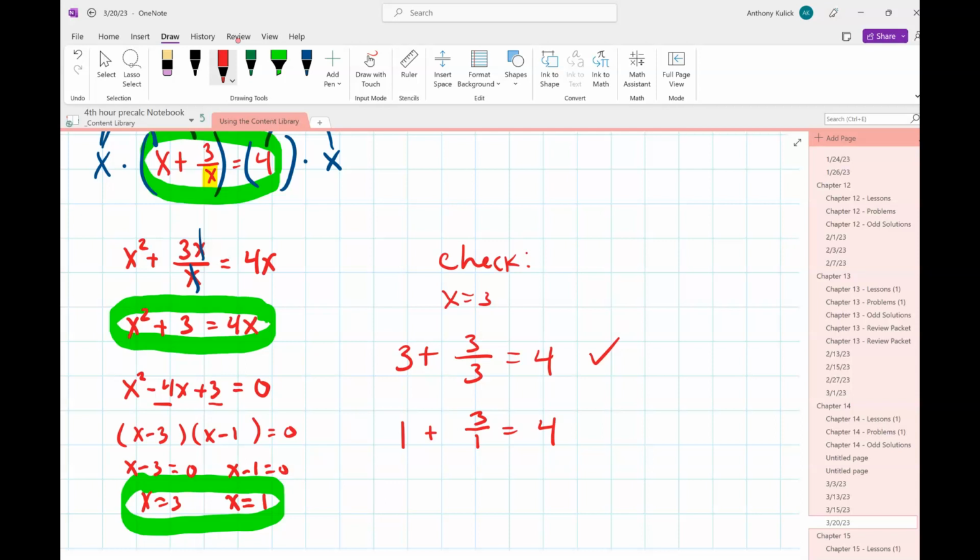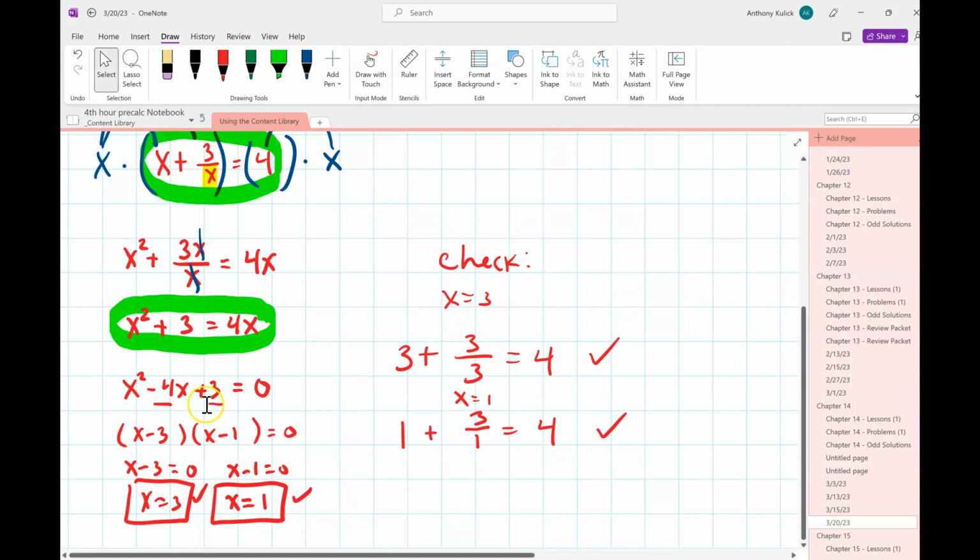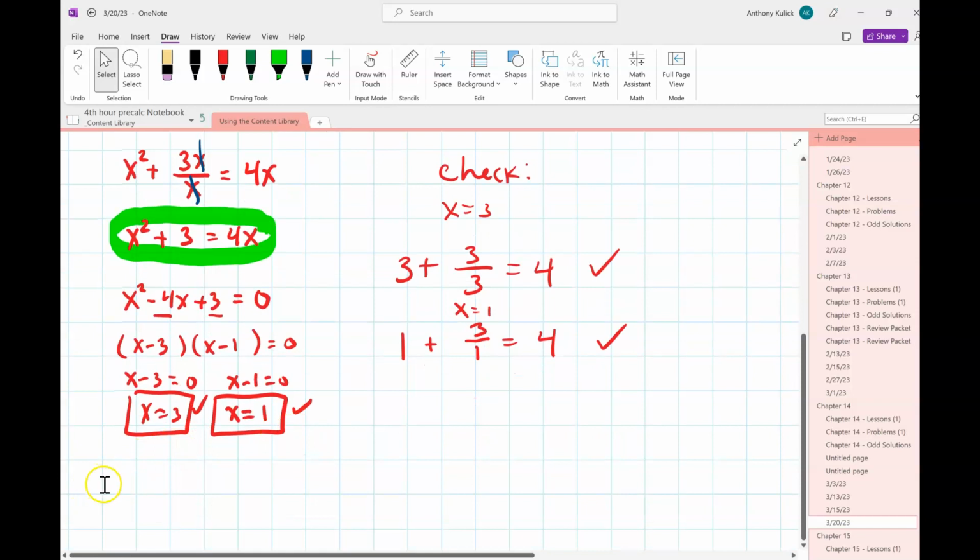Yeah, that works as well, right? 3 over 1 is 3. 1 plus 3 is 4. So each of these are solutions. What do you guys think? So far, so good? Not too bad, right?